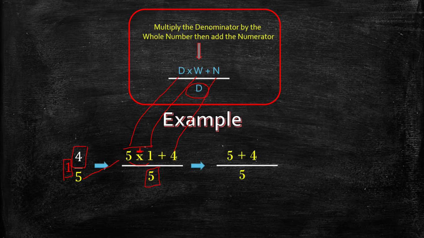Okay, so that's where that 5 comes from, 5 times 1. Then you have the plus 4 still, and 5 plus 4 equals 9. We leave the denominator at 5, and the improper fraction, or fraction larger than 1, is 9 over 5.